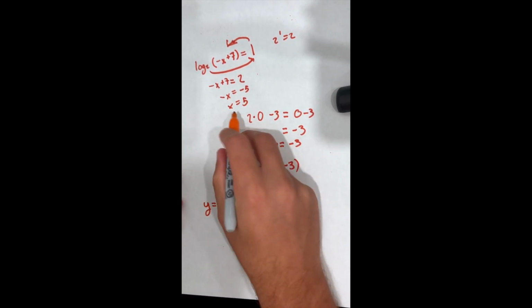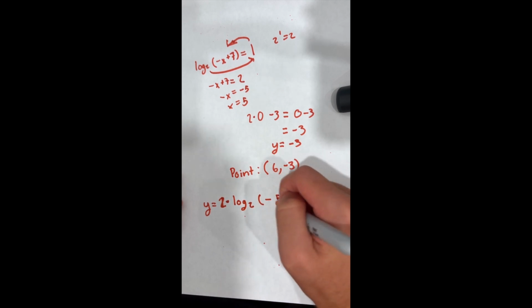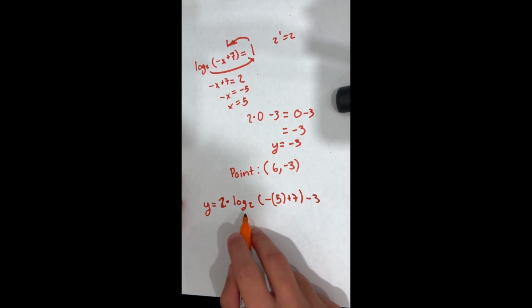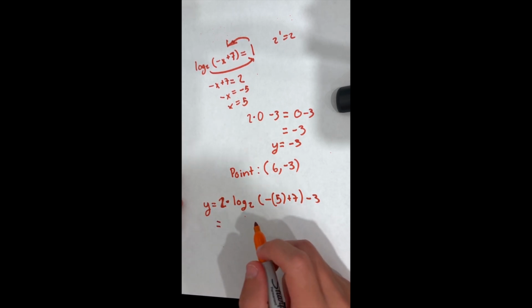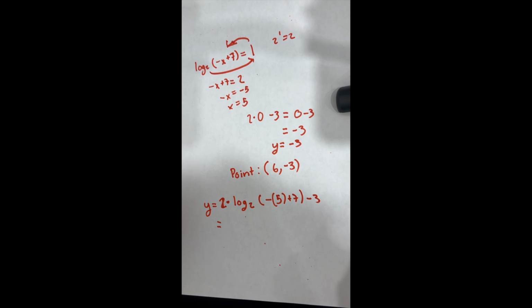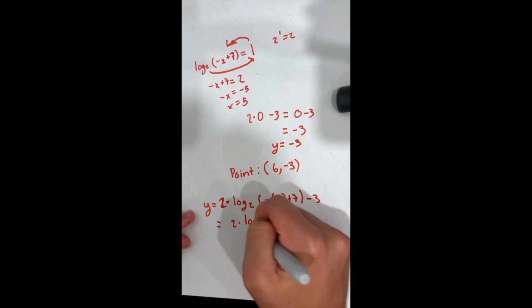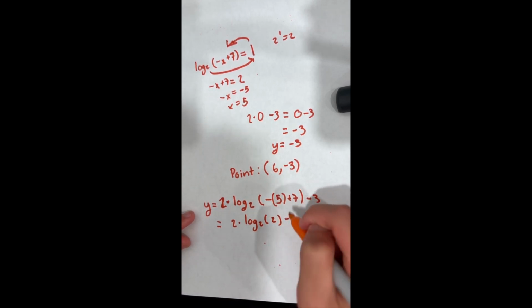We substitute in the 5 for x, so we would have negative 5 plus 7, minus the 3. Now, once again, we would simplify this whole thing, getting 2 times log base 2 of 2, minus 3.